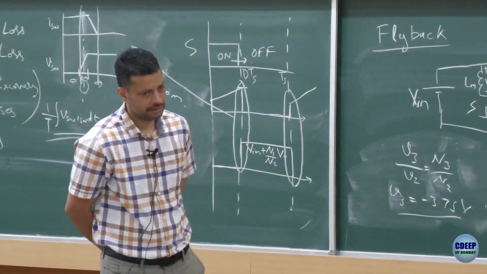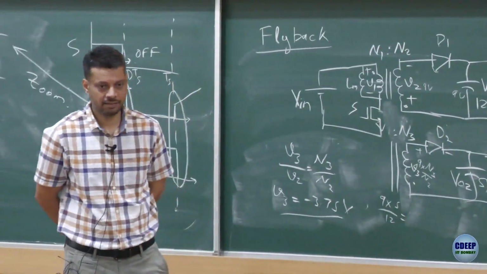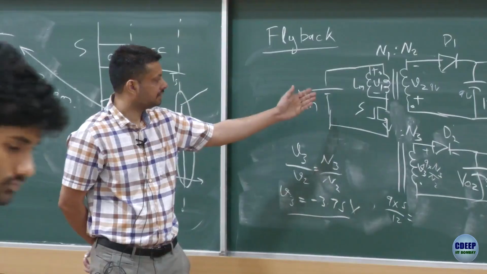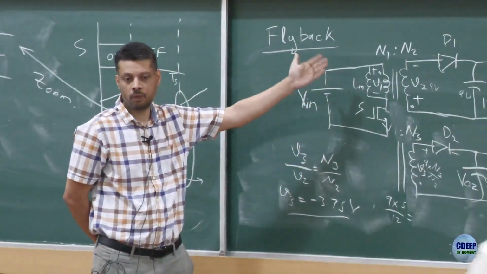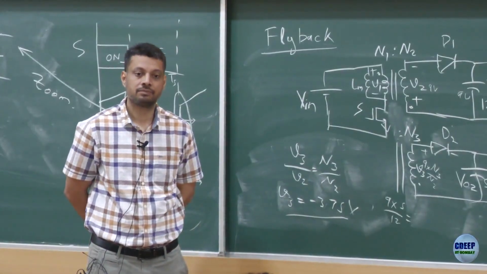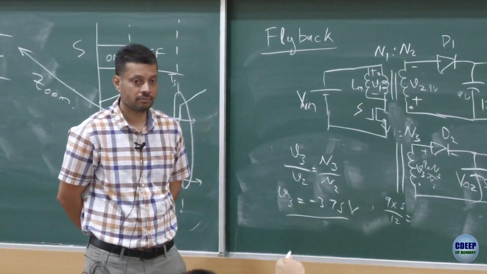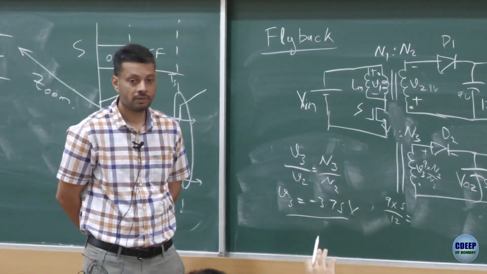At steady state, yes, maybe not necessarily during transient, but at steady state, VO1 you can write as N2 by N1 times D upon 1 minus D. Correct.